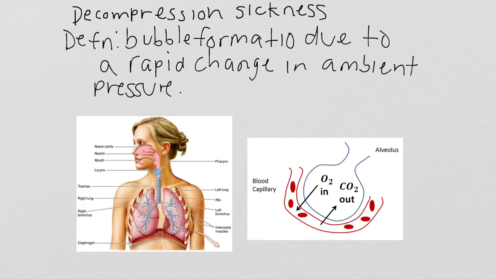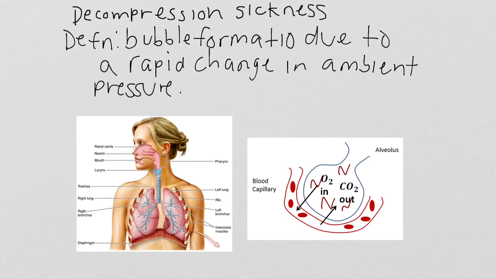So if nitrogen doesn't bind to hemoglobin, then where does the nitrogen go? Let me draw the nitrogen right here, right here, and right there. Where does it go?